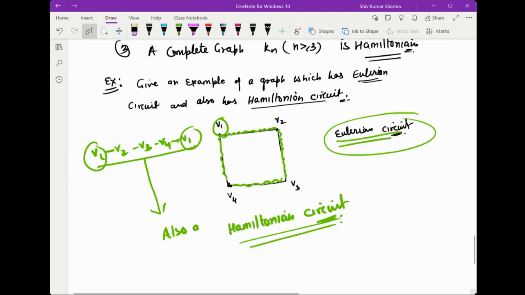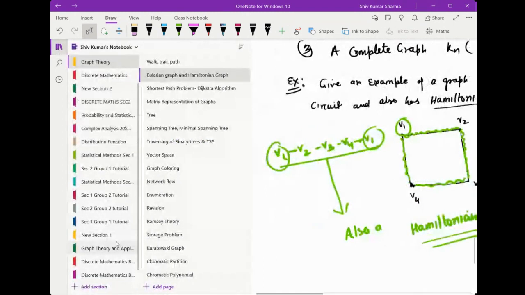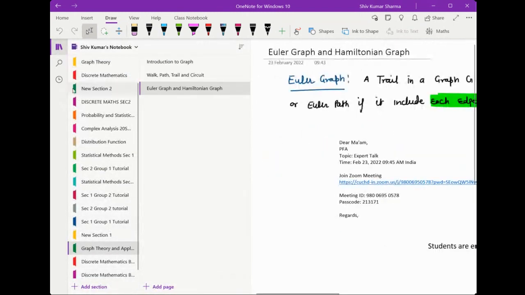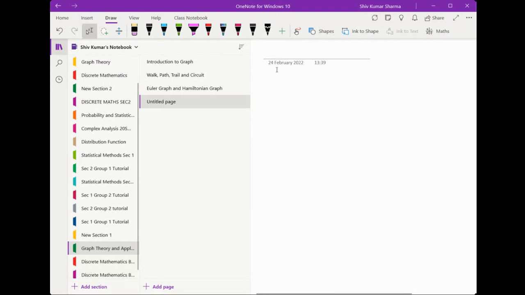Before starting Dijkstra's algorithm, we will discuss directed graphs. We have time, so we will discuss directed graphs.